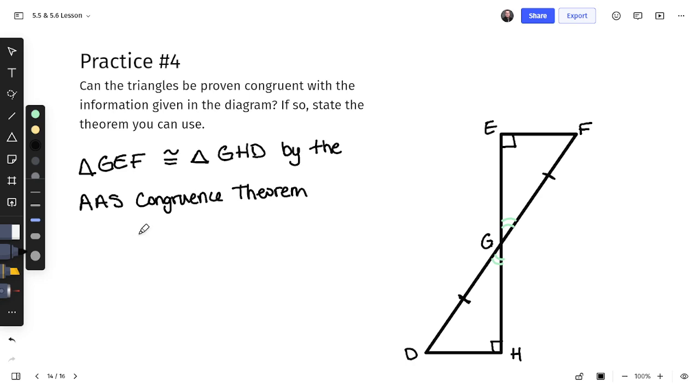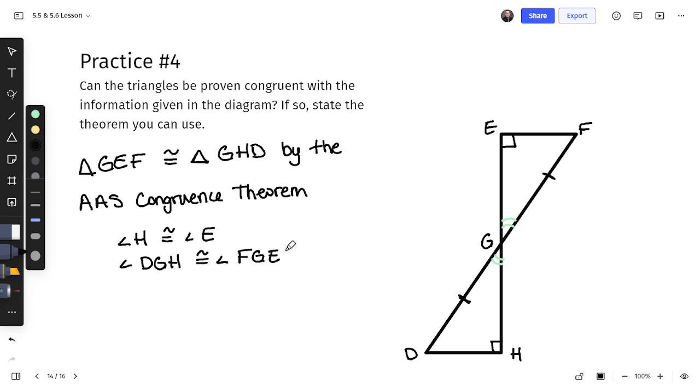And again, that's because angle H is congruent to angle E. Angle G, and actually, we can't just say angle G because angle G is involved in multiple angles. So we would say angle DGH is congruent to angle FGE.